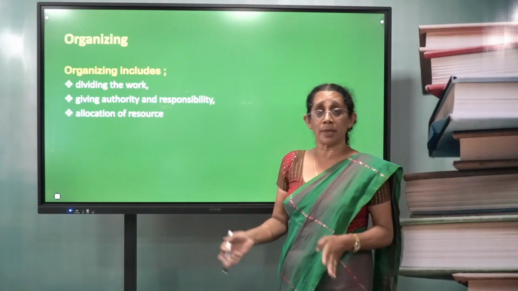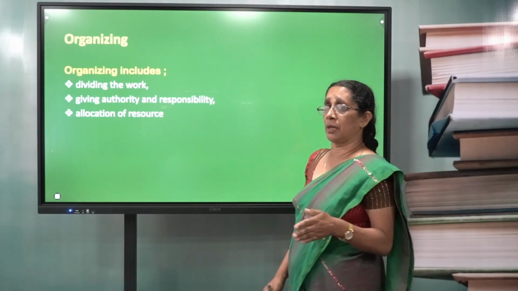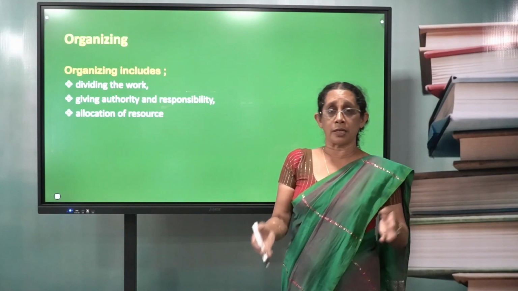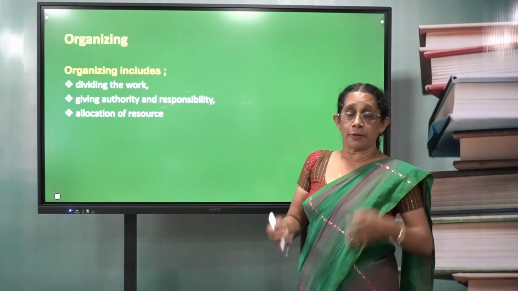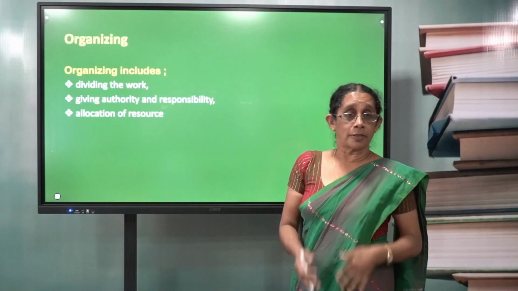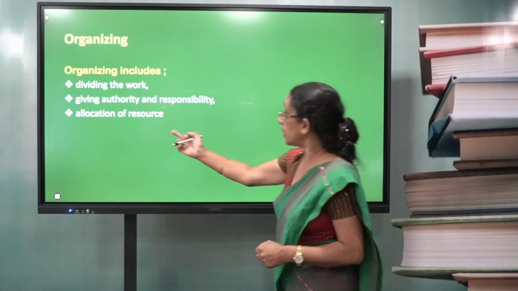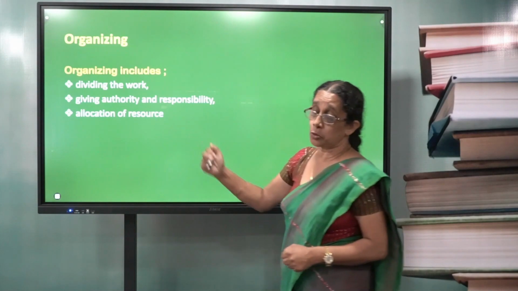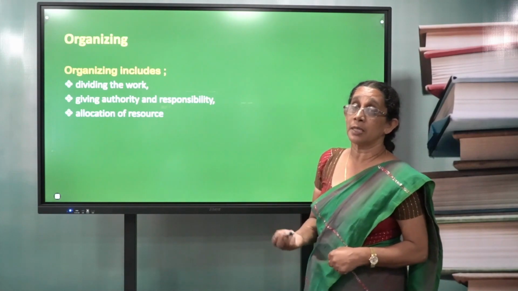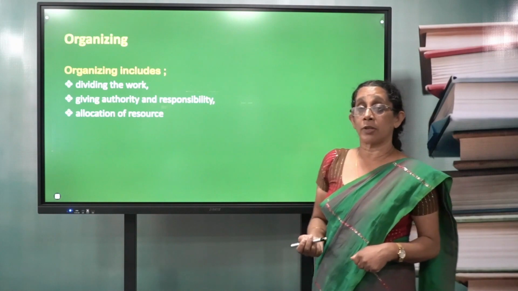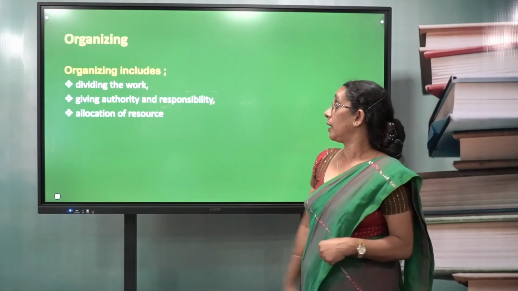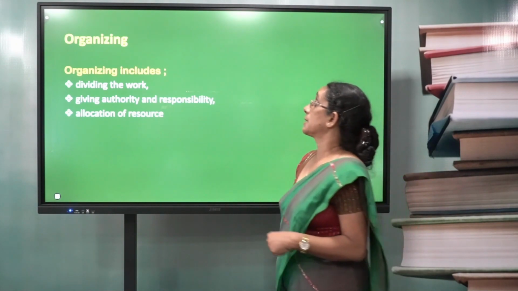Then to do them, they need resources. In an organization, they need maybe furniture, equipment, office space, even sometimes time, various things. So you have to allocate resources that should be allocated sufficiently so that employees can carry out their activities in an effective manner. Yes.